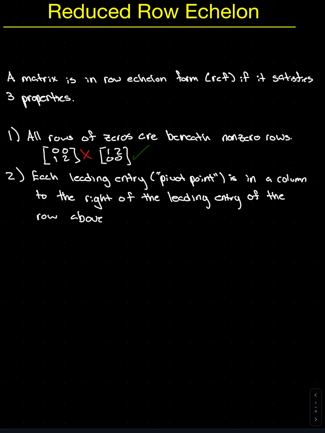This may seem a little wordy, but it's really quite simple. So if we have a matrix like 1, 0, 0, 1, 1, 0, 0, 1, 1.